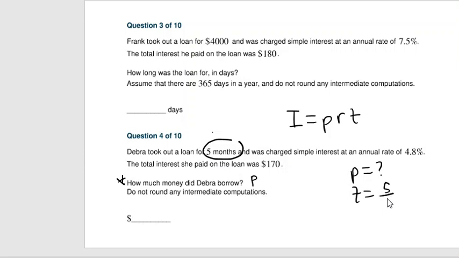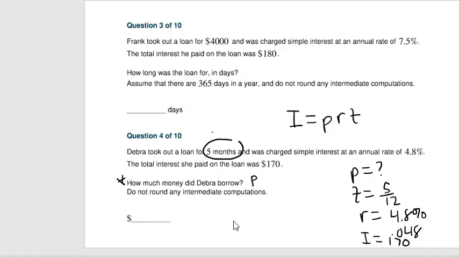So 5 months would be 5 out of 12 months. Okay? The rate is 4.8%. And in order to plug that into our formula, we need to get rid of the percent sign. So we're going to change this to 0.048. And then we know that our I, in this case, is 170.